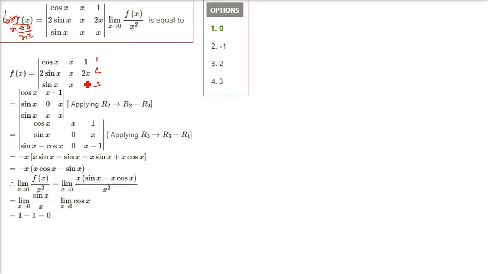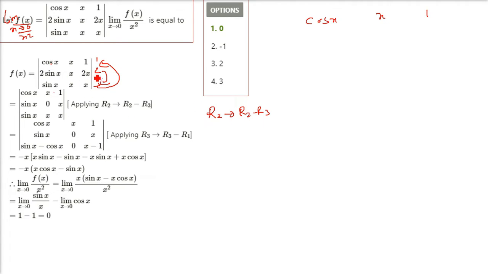Doing row 2 minus row 3 will give you x minus x and 2x minus x, which will be quite easier. And when we do row 3 minus row 1, you get x minus x and x minus 1. Or use any other row or column combination so that you get an easier determinant to compute.